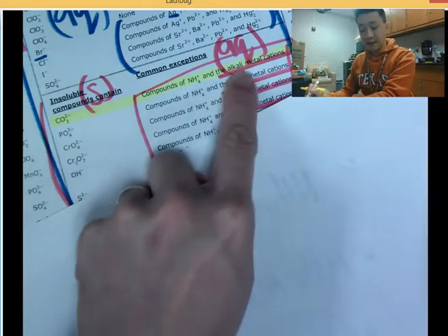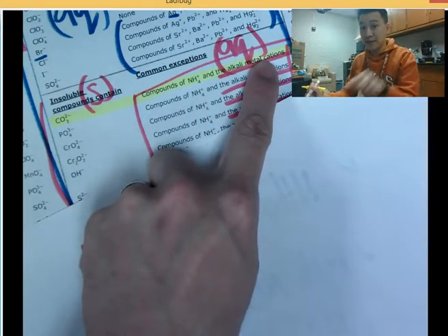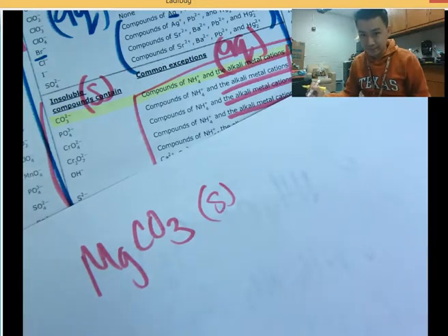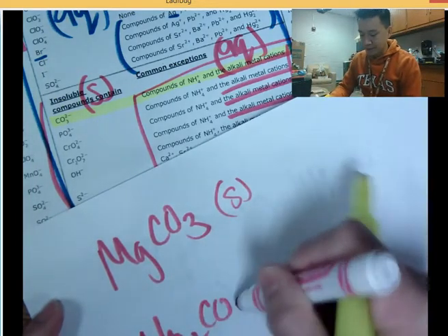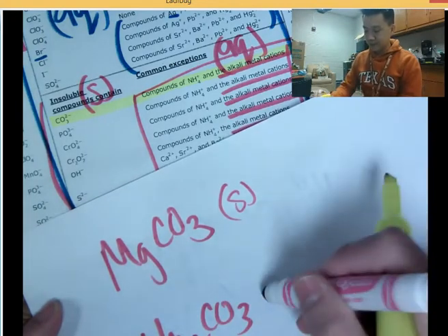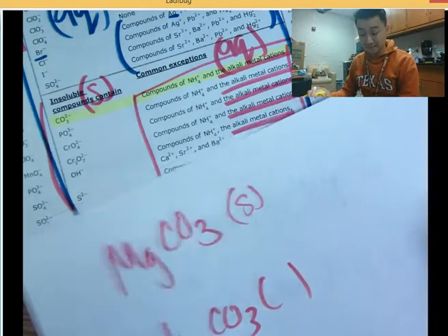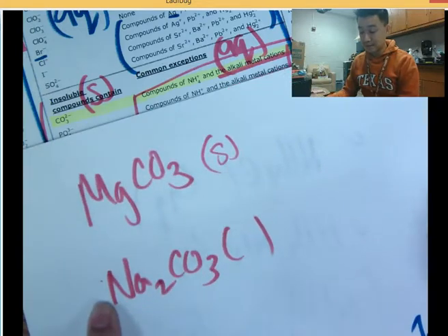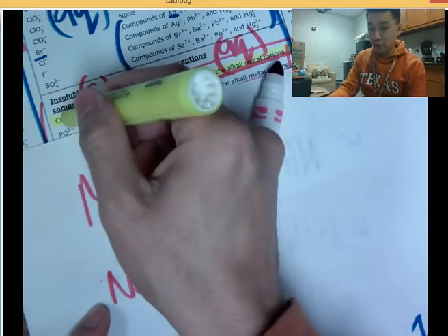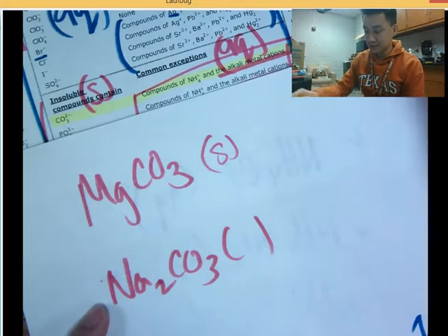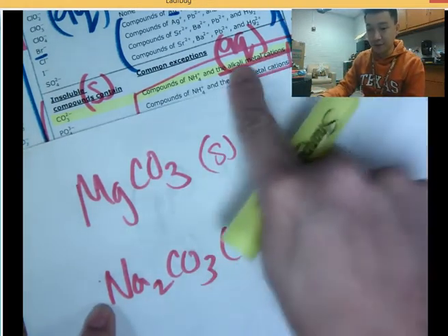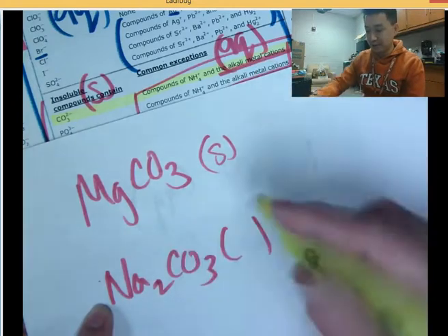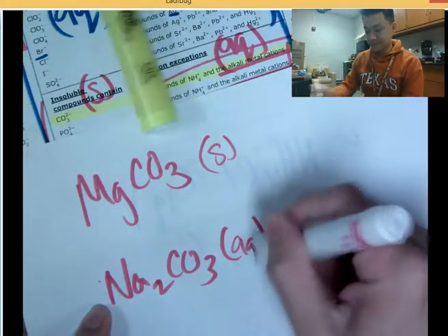Is Mg an alkaline metal? Nope. So this stays a solid. If it's an alkaline metal like Na2CO3, you ask, is it a solid? It's CO3, and most CO3 are not soluble, so most of them are solid. But because it's with an alkaline metal here, it makes it aqueous. So this is aqueous.